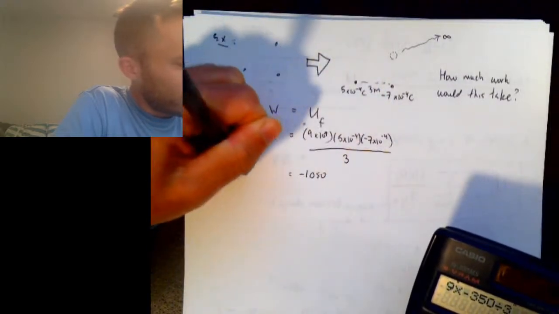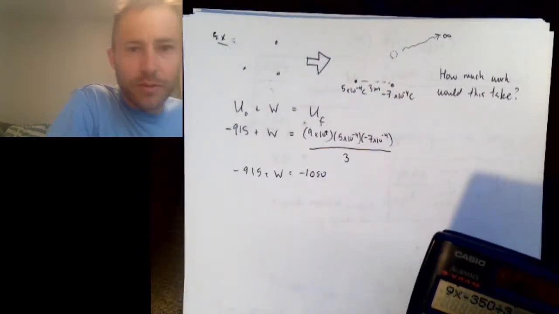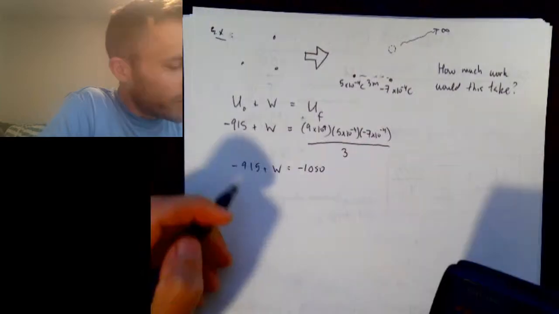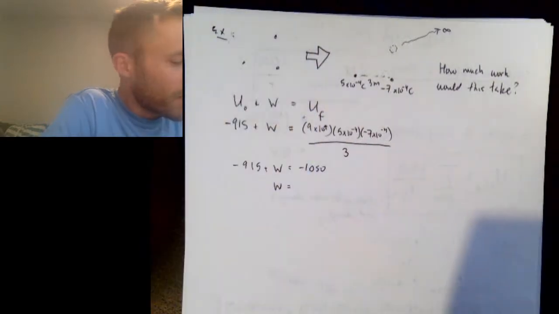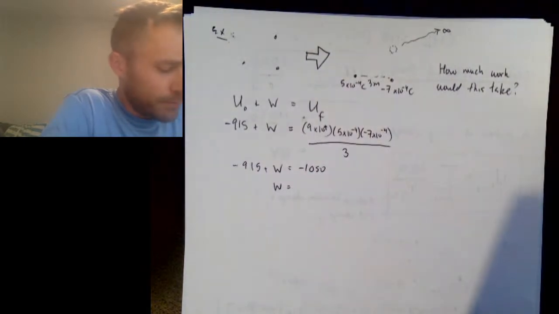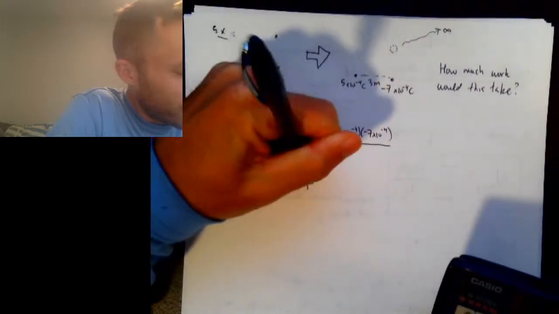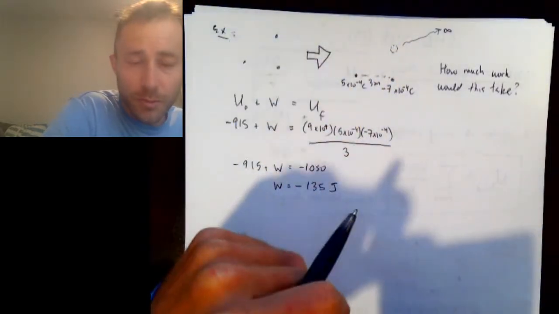So we have negative 915 plus the work done equals negative 1050. So then, of course, I just move that over, and I get negative 135 joules is the work that must be done to remove the charge.